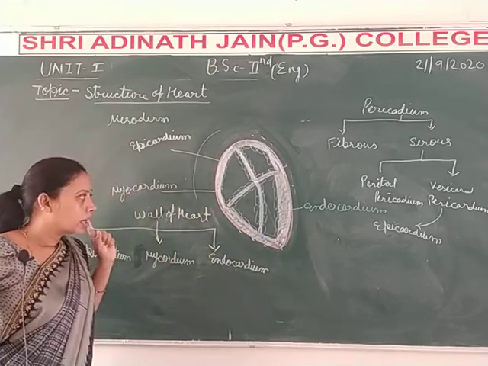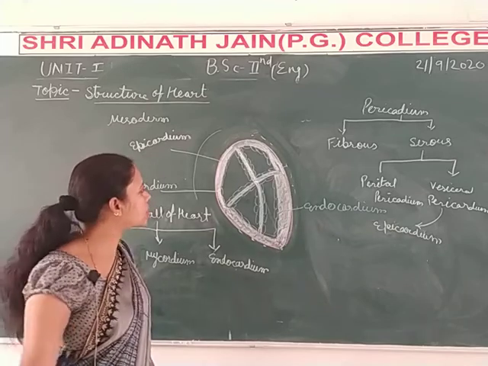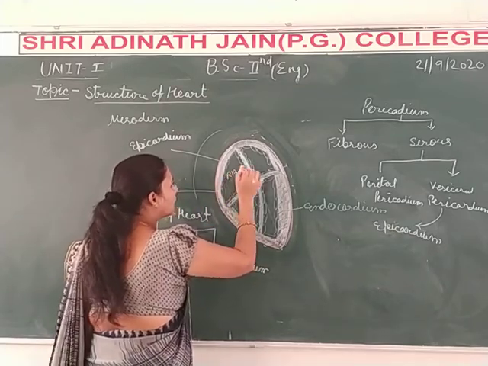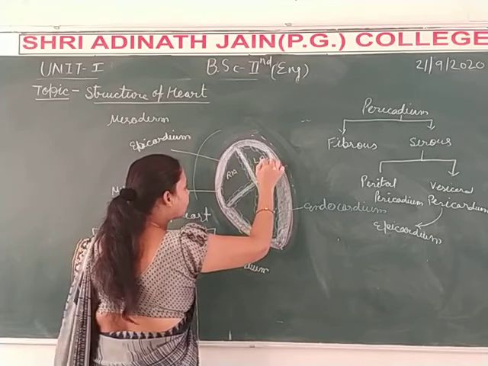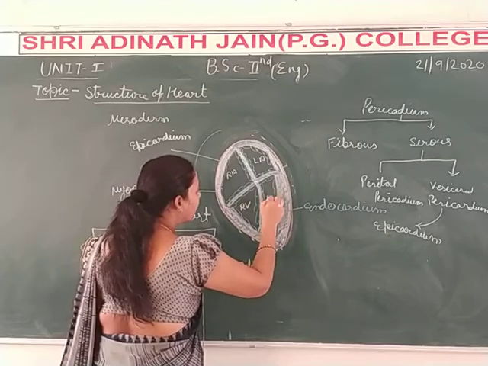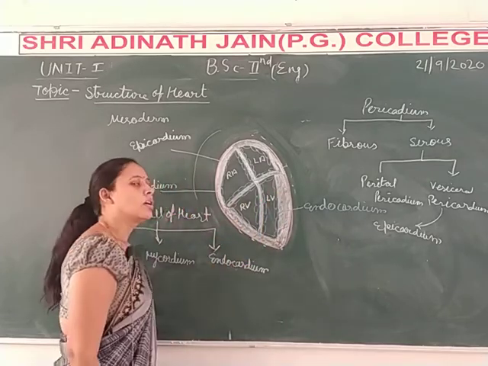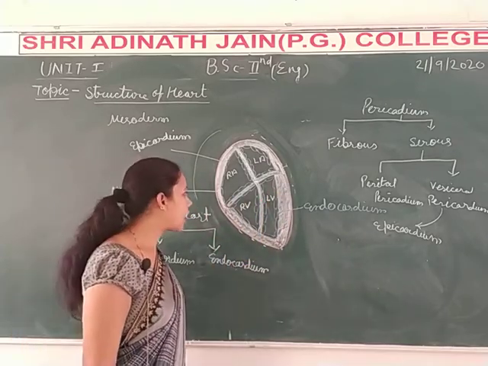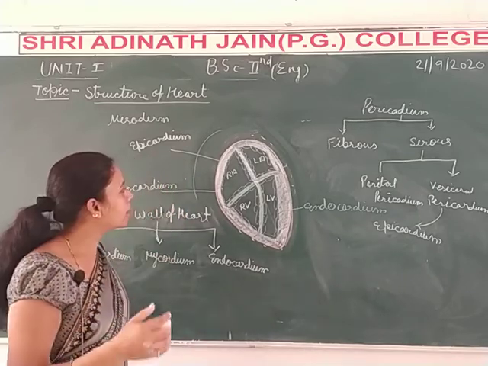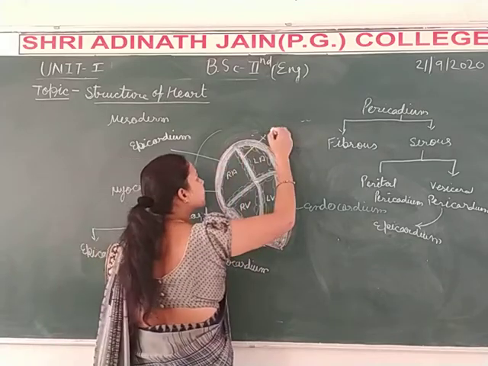The heart has 4 chambers: right auricle and left auricle, right ventricle and left ventricle. These chambers are divided by the septum.